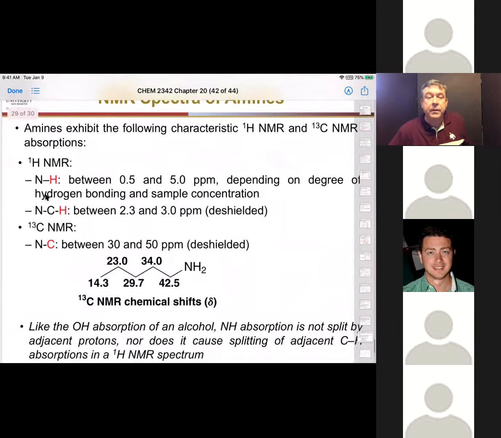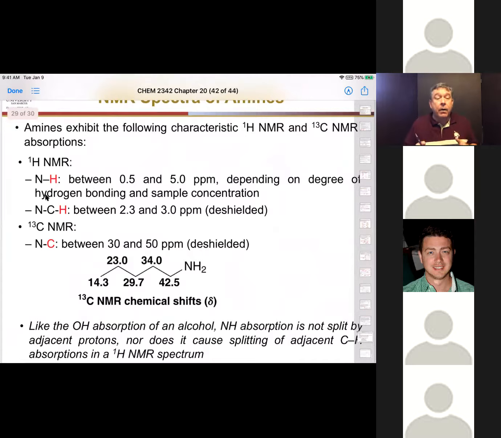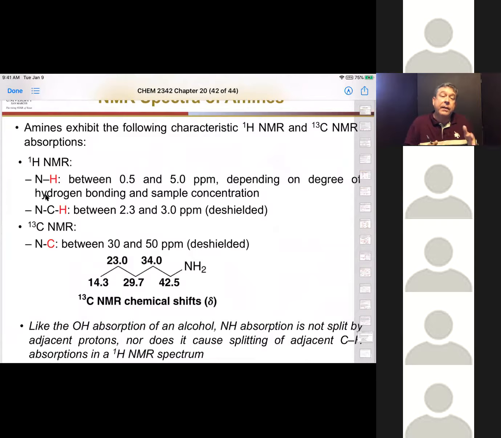In NMR, just like when we had alcohols, that electron-rich species shifts the peak up from where you'd expect it to be bonded to a carbon-hydrogen bond, typically in the 3 to 5 range. However, that varies with the amount of hydrogen bonding you have. In fact, the more hydrogen bonding you have, the broader the peak gets and the more it shifts around.